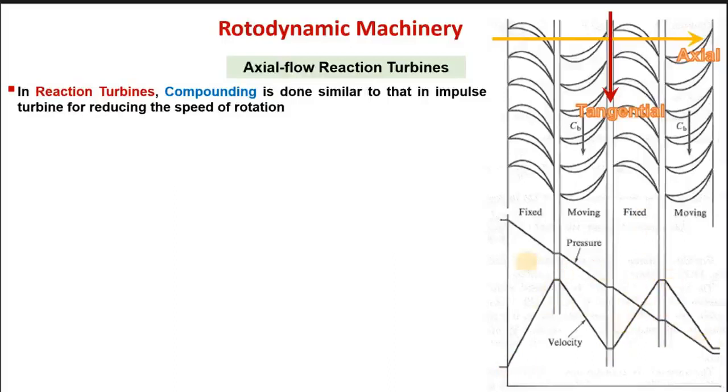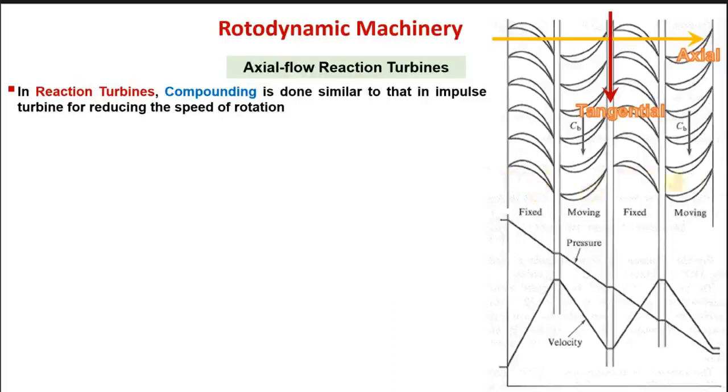So that's how the absolute velocity keeps on increasing, then decreasing, and again increasing and then decreasing, and so on. So you may have a number of such rows of fixed and moving blades to increase the number of stages. So here one fixed and one moving makes one stage. So here on this screen you see a two-stage axial flow reaction turbine.